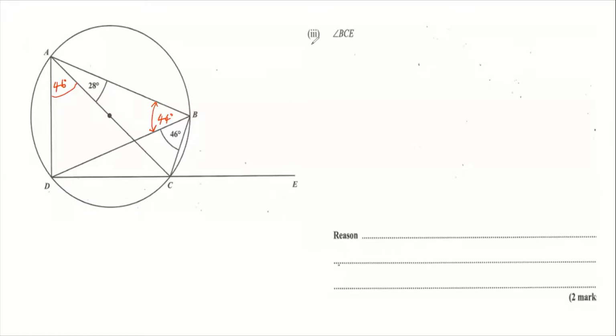Now to part C of this circle theorem question, we're asked to find angle BCE. Where is that angle? BCE, which is this angle right here. All right, that's the angle we want to find. How are we going to find this angle? Do we have enough information? Not yet. We don't have enough information yet, so we will need to determine an angle.